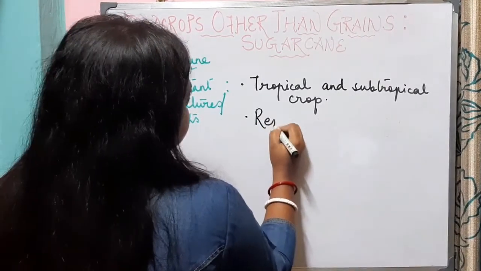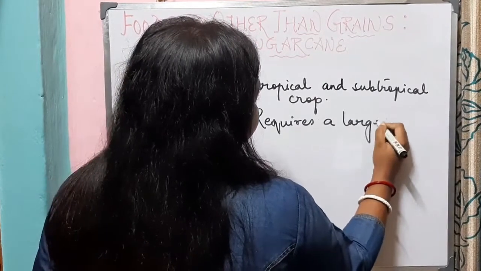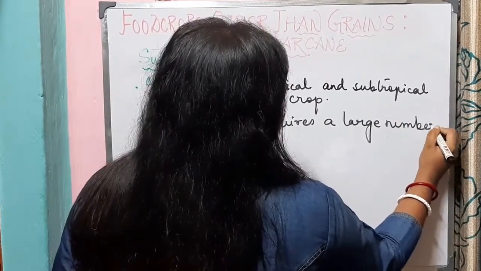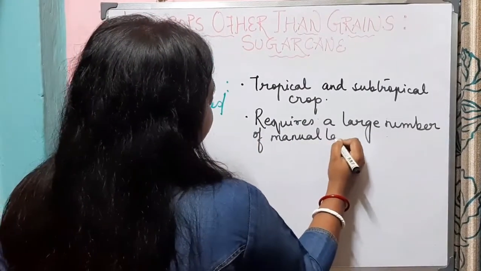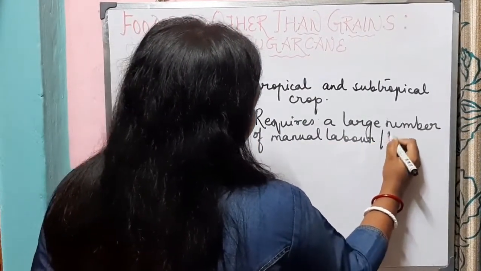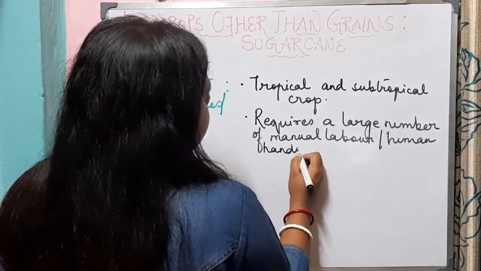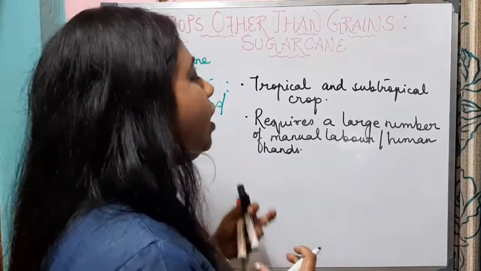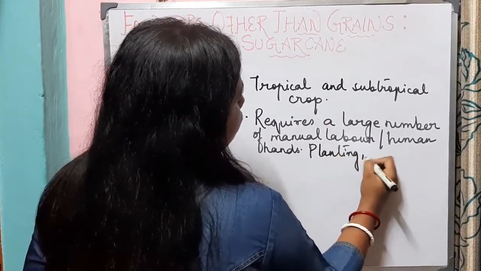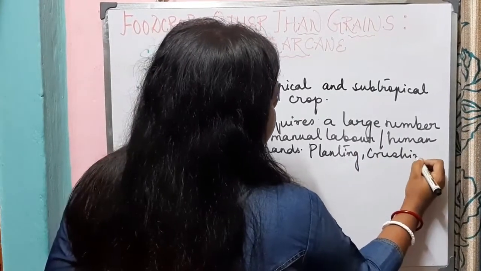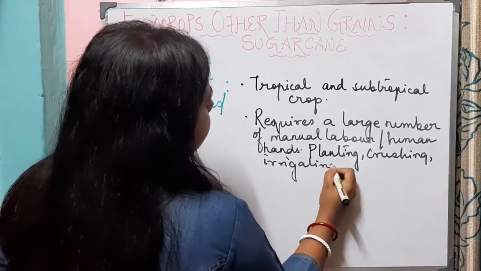Sugarcane requires a large amount of manual labor, or we can say human hands, because a lot of work has to be done by manual labor, from planting, crushing, irrigating, harvesting.